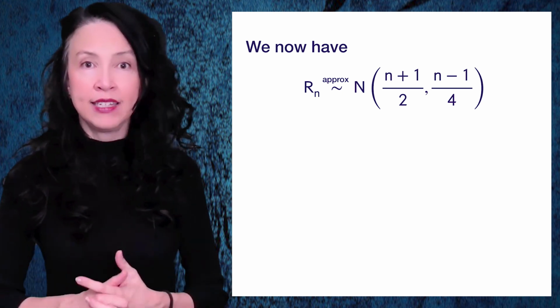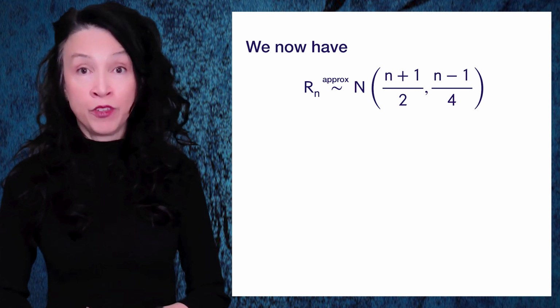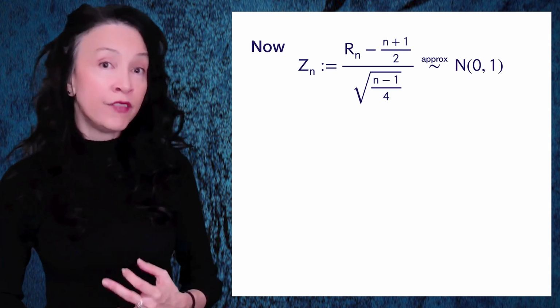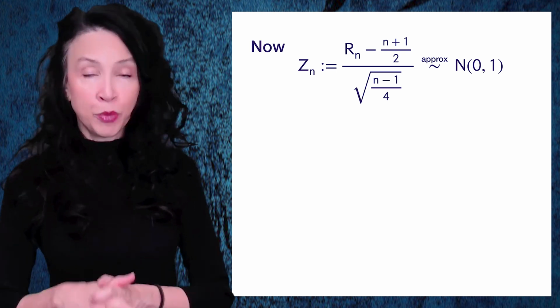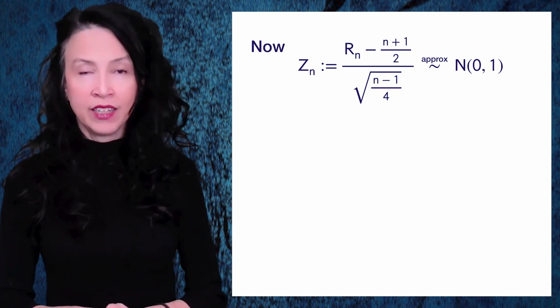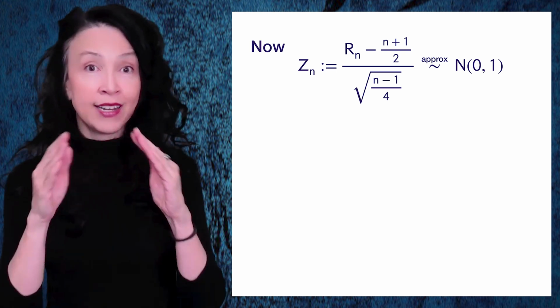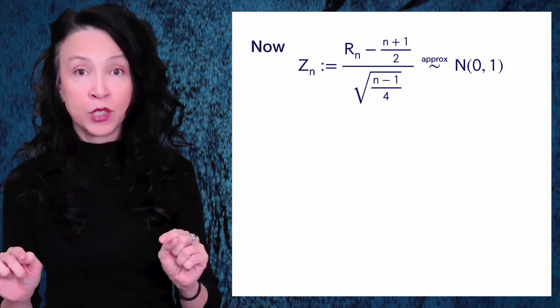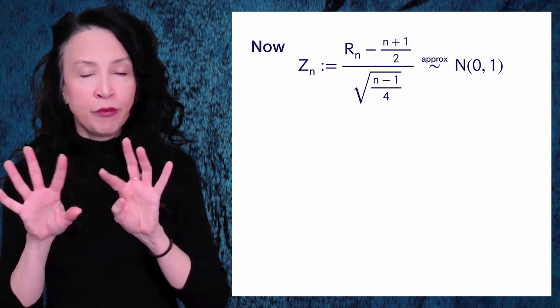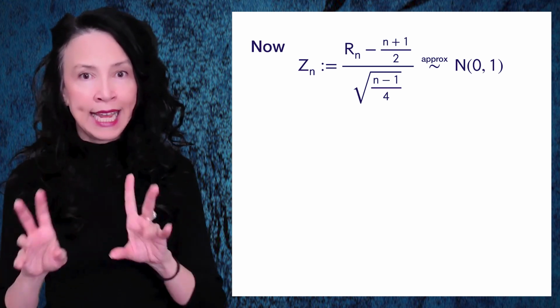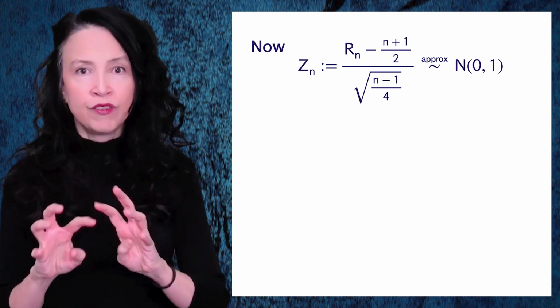So if we think of this as approximately a normal random variable, if we subtract the mean and divide by the standard deviation, the square root of this variance, we should get something that is approximately normal 0, 1. For the normal 0, 1 distribution, the nice bell curve centered at 0 with variance 1, we typically look at putting 5% of the area out in the tails for this sort of hypothesis test.